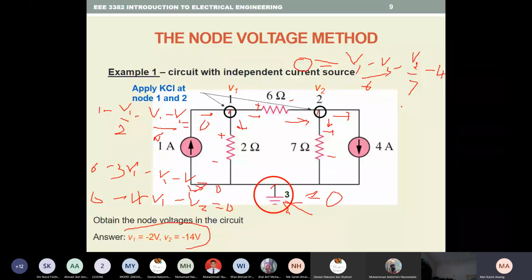So 7 V1 minus 13 times 6 minus 4 V1 equal to 24 times 7. So kira-kira, dapat tak? 7 V1 minus 13 times 6 plus 52 V1 equal to 24 times 7.